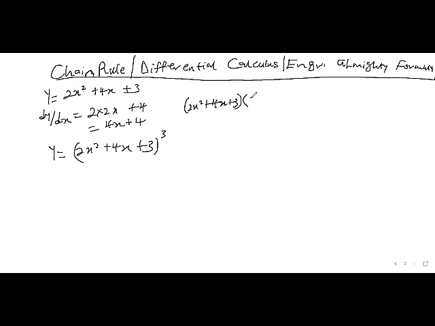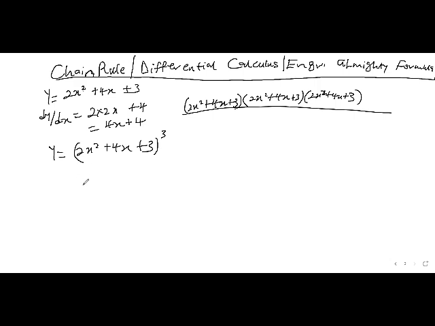Raised to power 3 means we'll multiply it into 3 places. And you can see already that this will be very long for us to do. So instead of going through that stress, we have to apply what we call chain rule.